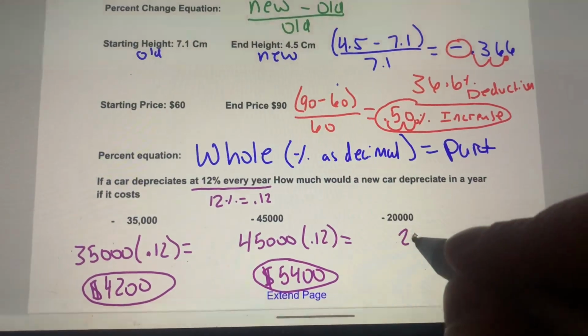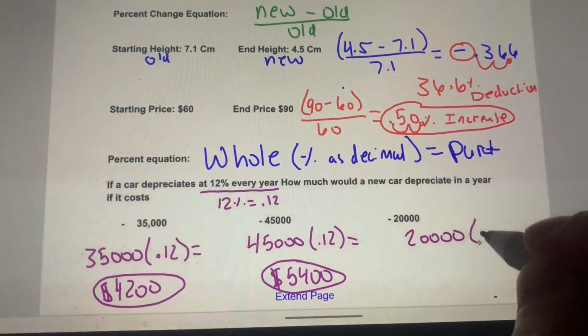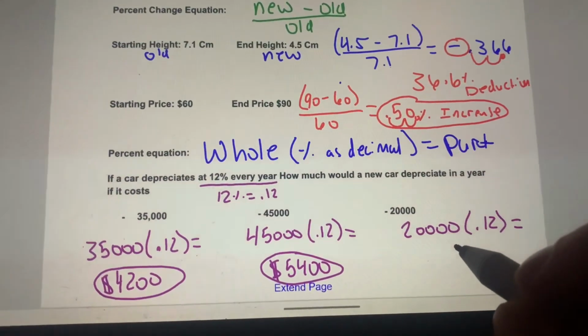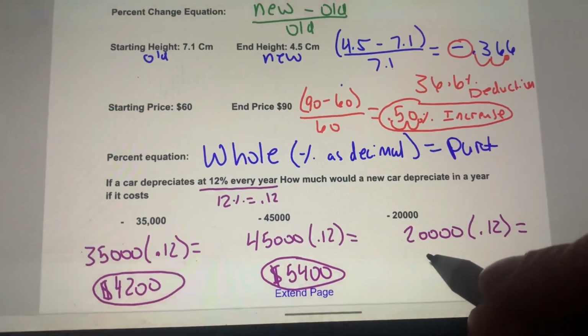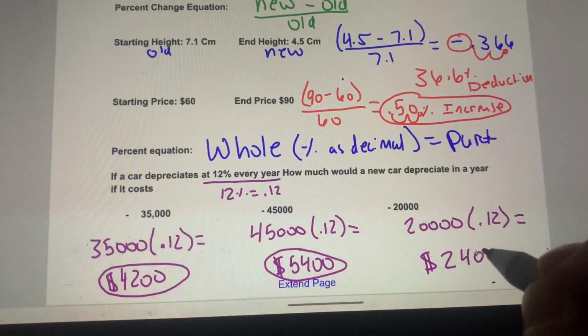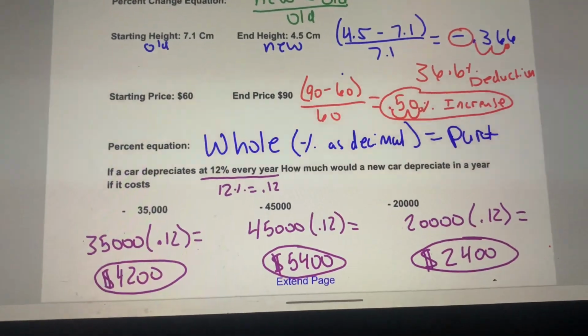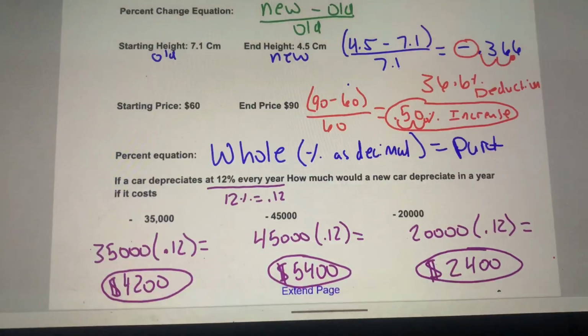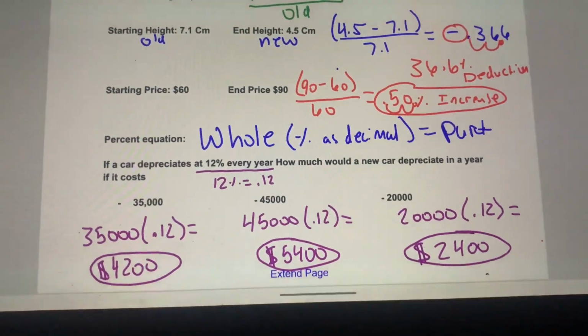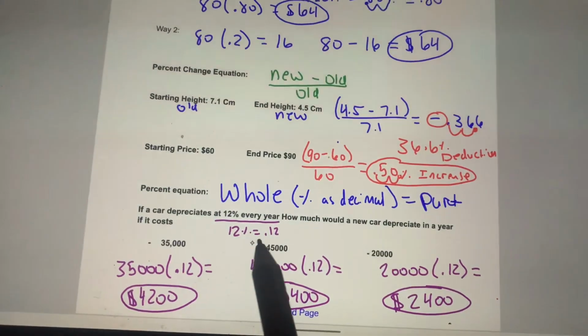Finally, we have a car that's $20,000, multiply it by our percent as a decimal, and then that is going to give us $2,400. So that means in 1 year, again, this car lost $2,400 in its value. It's no longer worth 20. It's more now worth like 17.6 or something like that. Okay, so now we're going to continue with this 12% onto the next page.